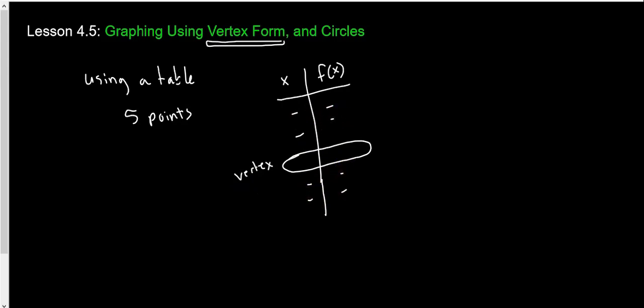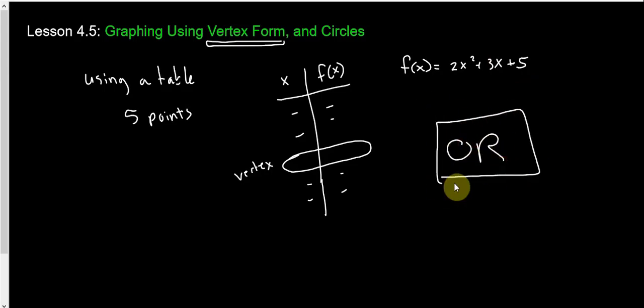Now, what's fun about this is I can be mean and give you quadratic functions written in this way, like 2x squared plus 3x plus 5, and say, okay, find the vertex, then pick points on each side of it. Or I can be really nice to you, and I can rewrite these things into what's called vertex form.